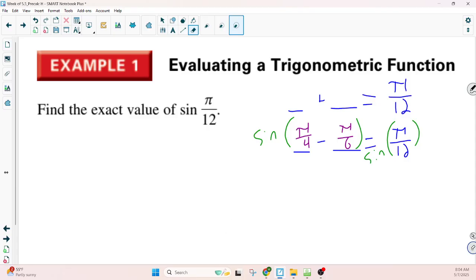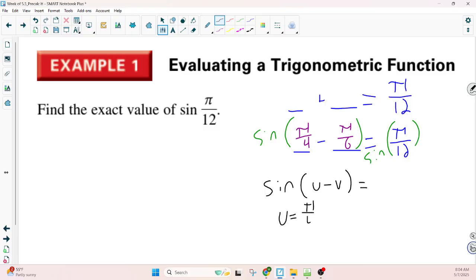As you do more of these, of course, they'll become a little more obvious. So we need to figure out if this is sine of u minus v. What's u? U is pi over 4, and v is pi over 6.